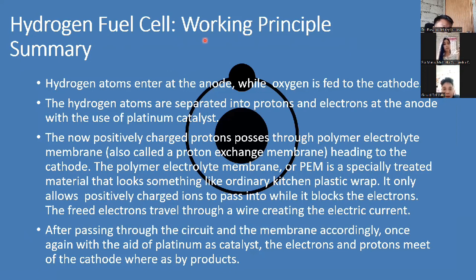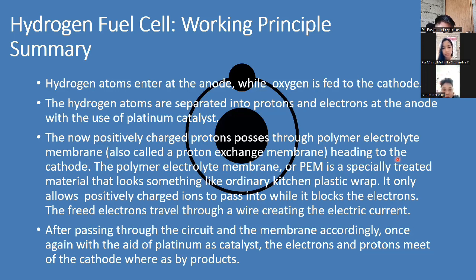Hydrogen atoms enter at the anode while oxygen is fed to the cathode. The hydrogen atoms are separated into protons and electrons at the anode with the use of a platinum catalyst. The now positively charged protons pass through the polymer electromembrane, also called the proton exchange membrane.